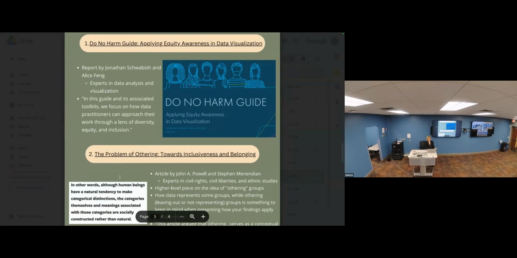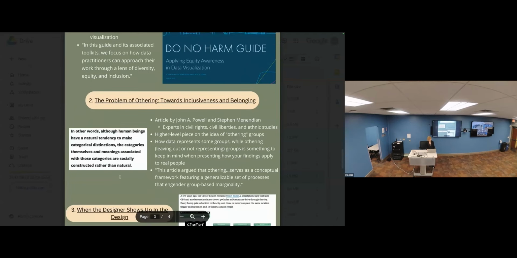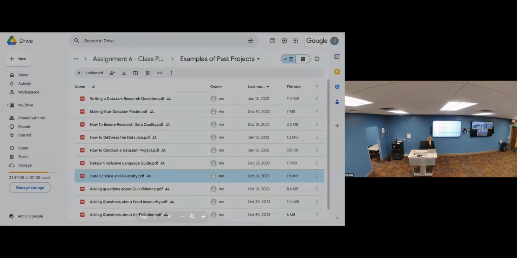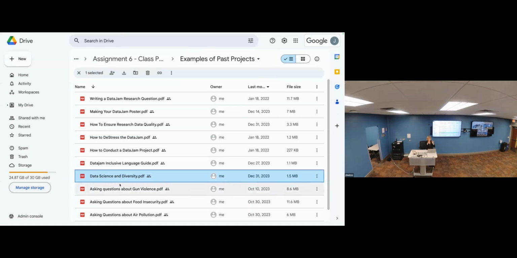The Do No Harm guide that you have access to was cited, and we were able to link it to this. So those are examples of general guides that are available on the resources page.